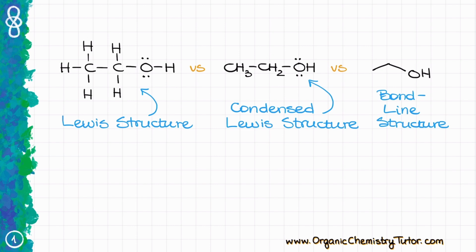Drawing it takes mere moments because, as you can see, it's just a couple of lines and then an OH, and that's it. What's really cool is that these three structures, including my bond line structure, show me exactly the same information. So let's talk about how to draw said bond line structures and how to deal with those.